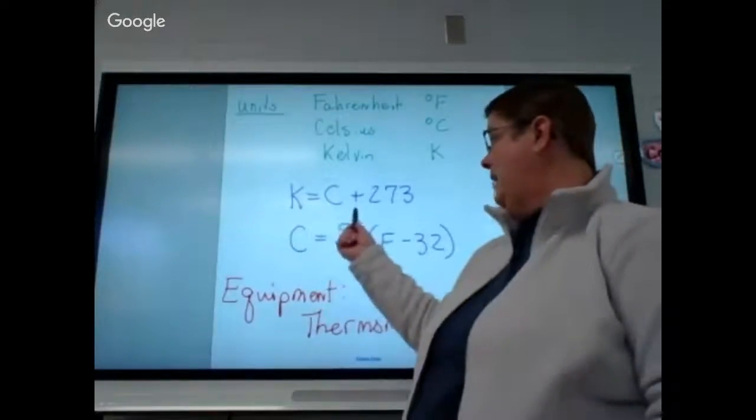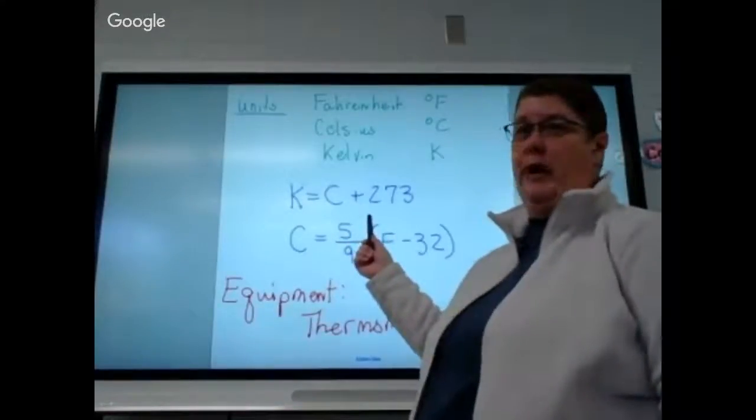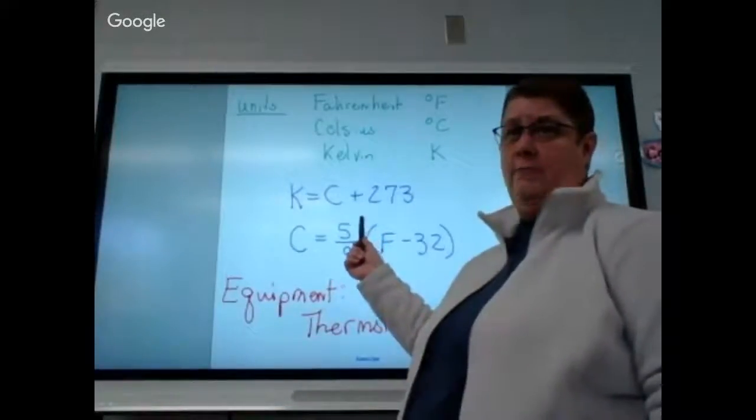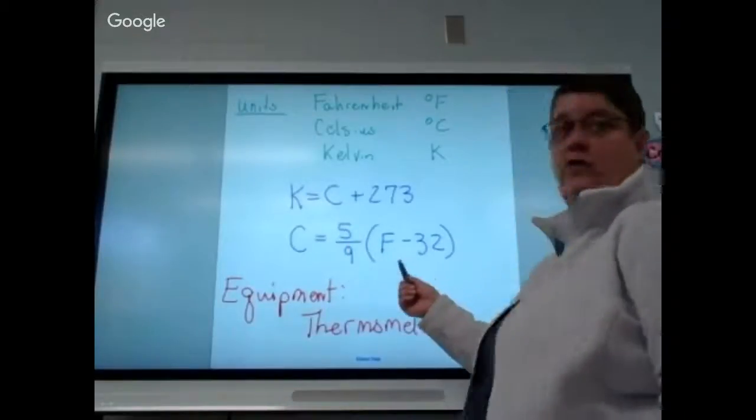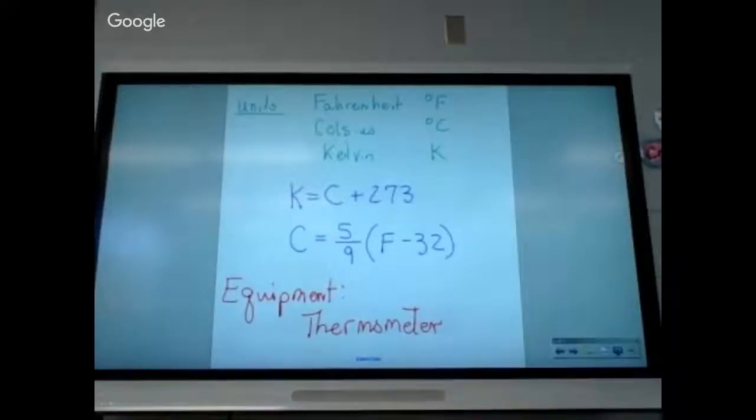I will either be adding or I'll end up subtracting. But this is a constant. That's always in the formula. I don't do anything with it. Okay? So let's say we use this formula. What if you go from Fahrenheit to Kelvin? You'd have to do both. Yep.